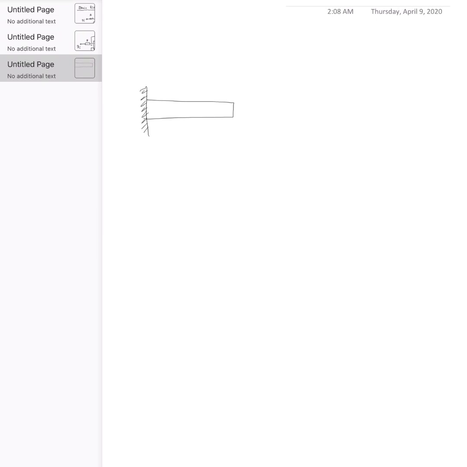This is a beam with Young's modulus of elasticity E and length L, and let's say you have a couple moment M0 at the tip, and this is welded to the wall.